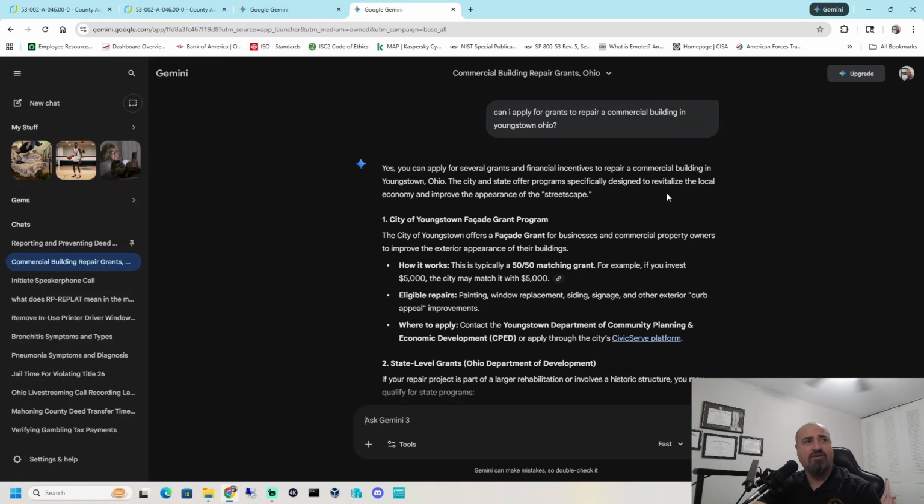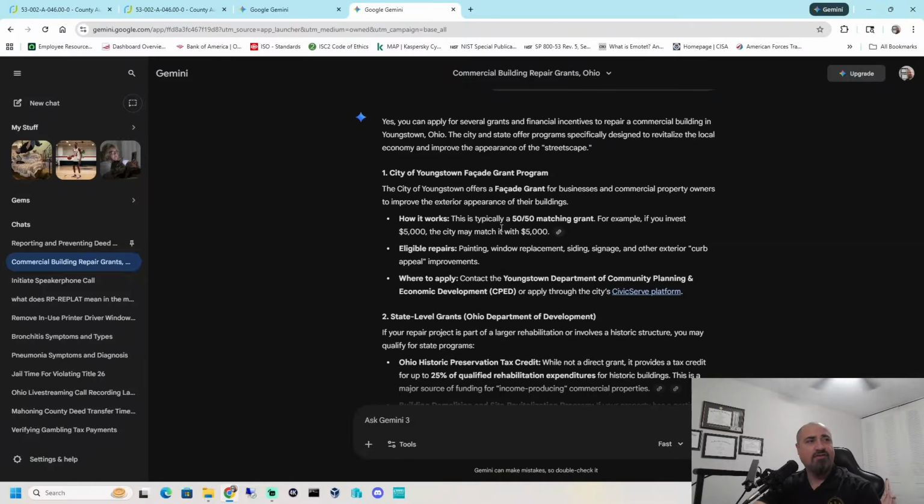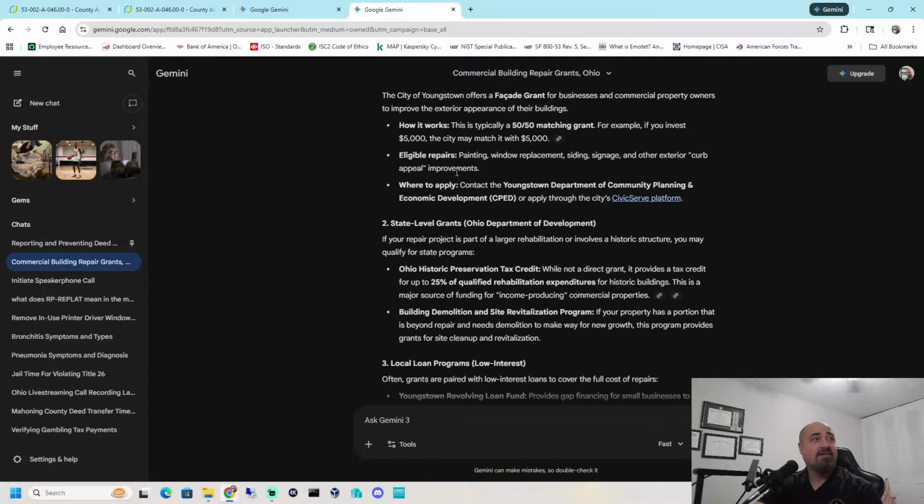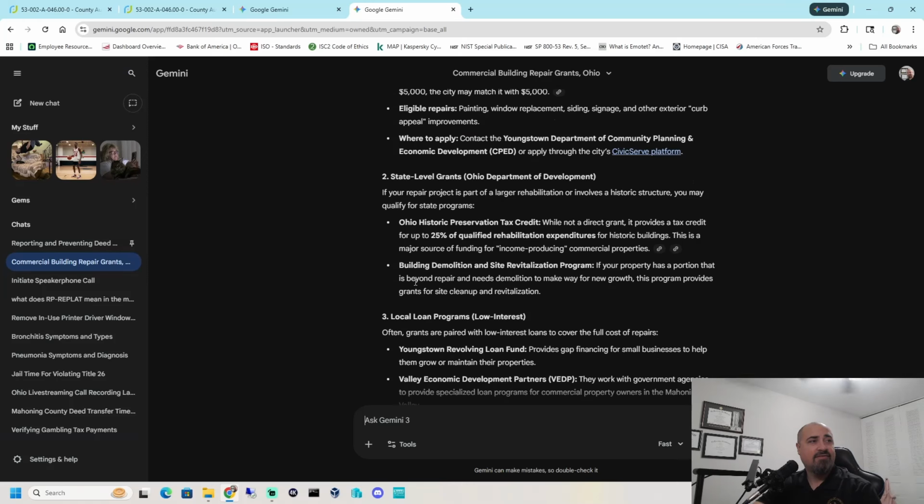The city and state offer programs specifically designed to revitalize the local economy and improve the appearance. That's appearance. So they'll do a 50-50 match. You need to invest in order to get it back. They'll do window replacement, siding. This is exterior stuff. No, they won't work. This won't work.